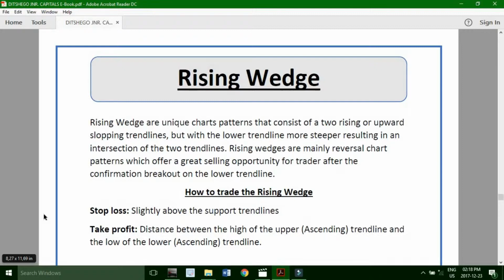How to trade the rising wedge? Your stop loss goes slightly above the resistance trend line and take profit is the distance between the high of the upper ascending trend line and the low of the lower ascending trend line.